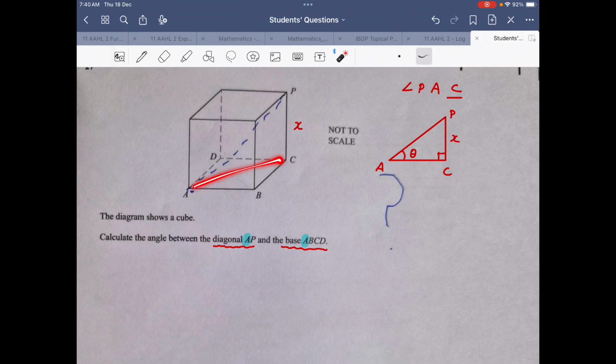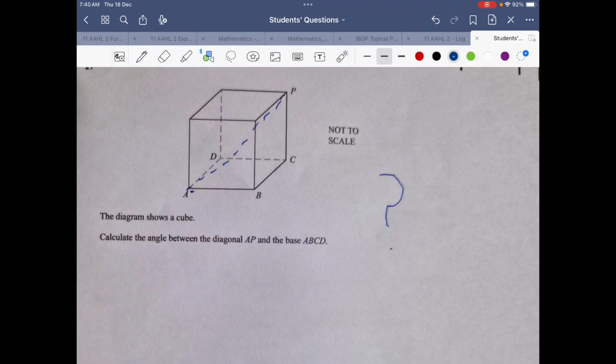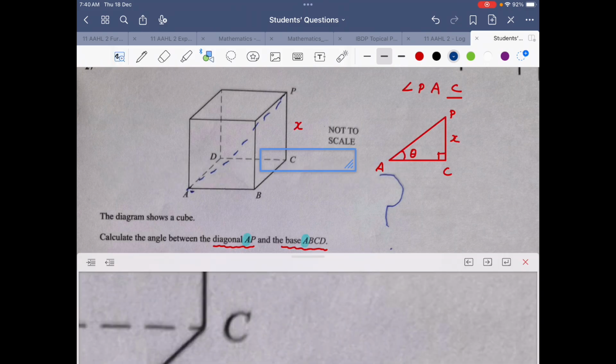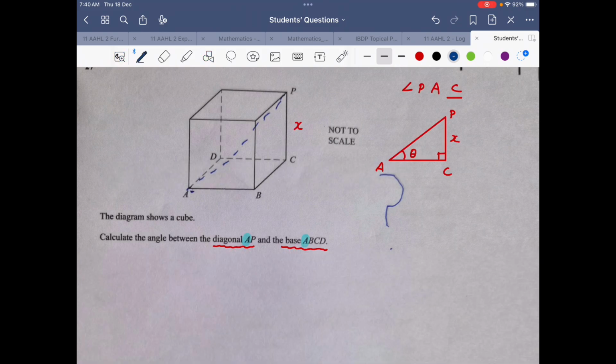You can look into another triangle, which is triangle ABC. So from the base, we have a right angle triangle ABC.